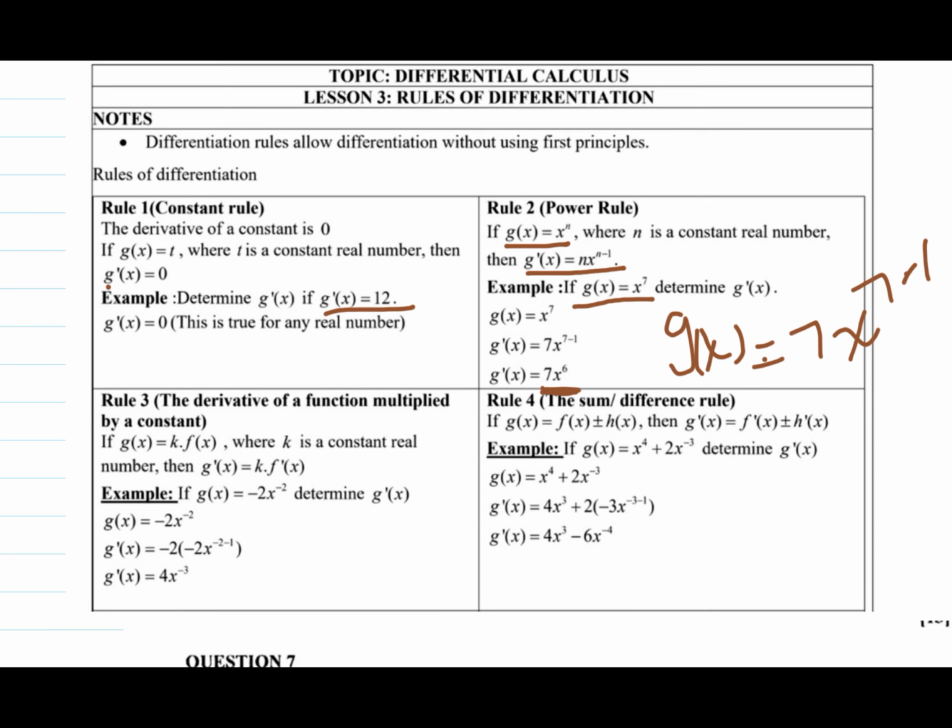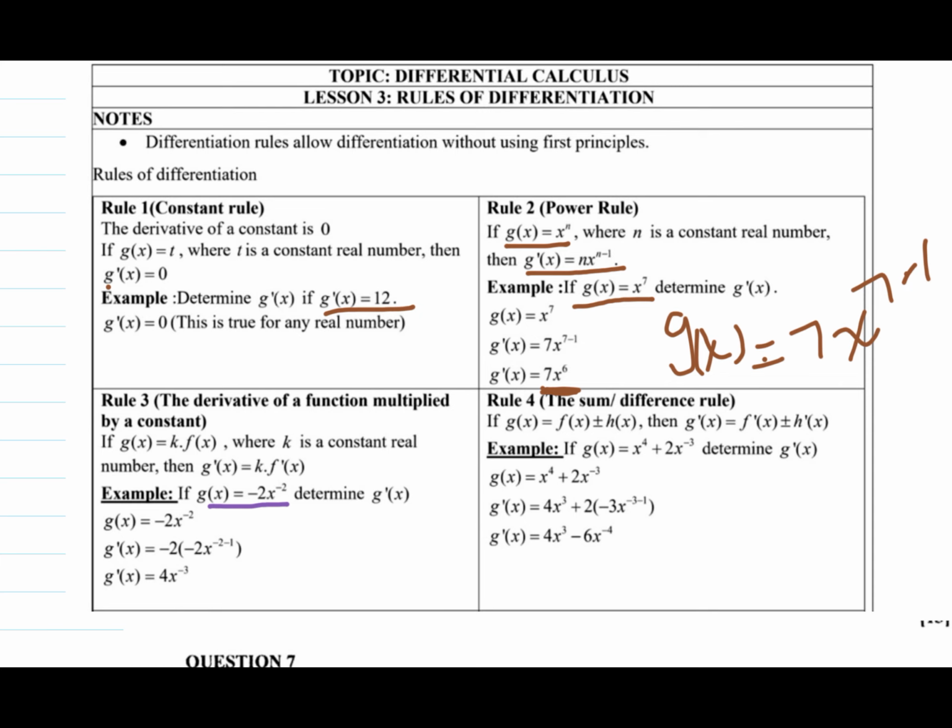The next rule is the derivative of a function multiplied by a constant. So if you have g of x equal to k, some constant, multiplied by the function f of x, where k is a constant, then you get the derivative of f of x and then you multiply it by the constant. For example, here we're given that g of x is equal to negative 2x to the power negative 2.